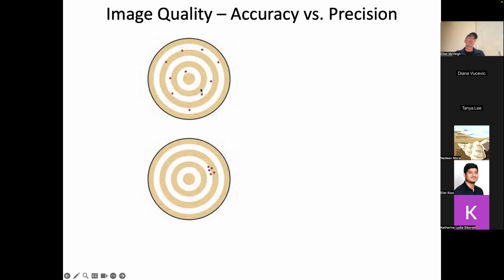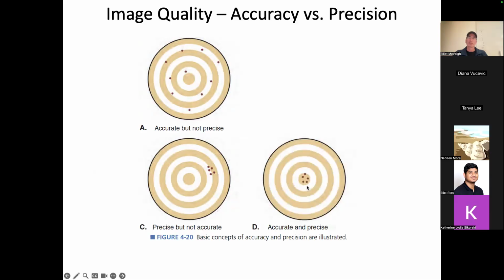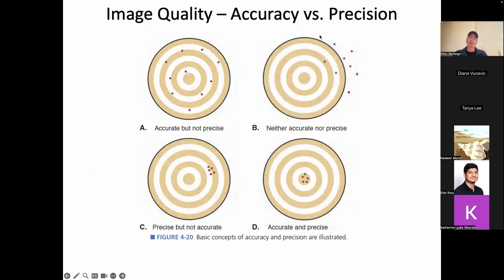Here, the mean value of all these dots is right in the middle. So it's accurate, but it isn't precise. It has a broad noise level, right? This is what you're after. And this is the worst of all worlds: not only do you have a lot of noise, you're not even on the right number. You're not accurate.